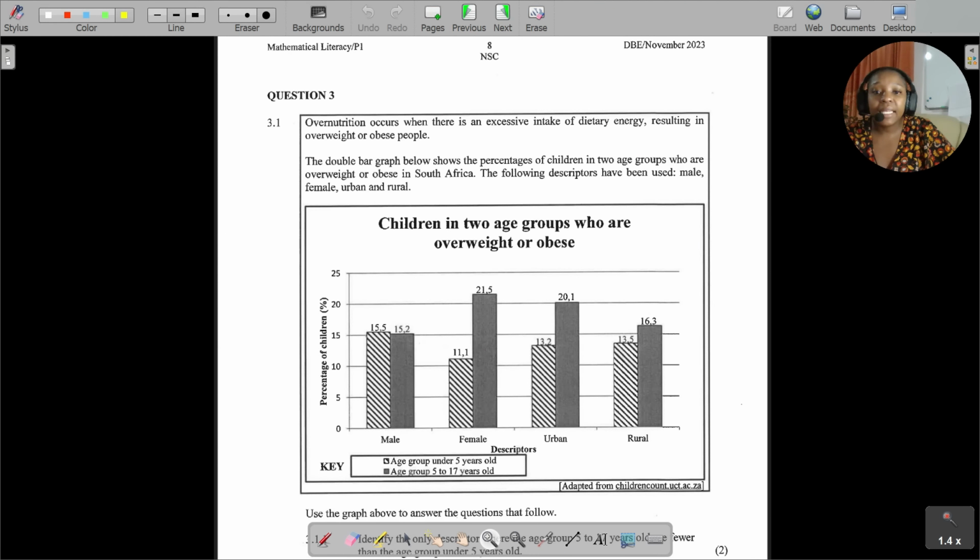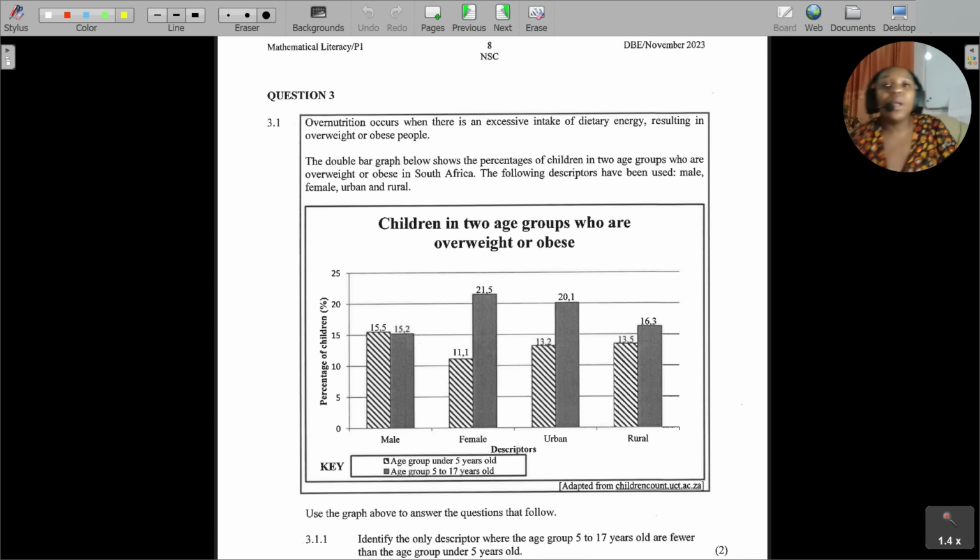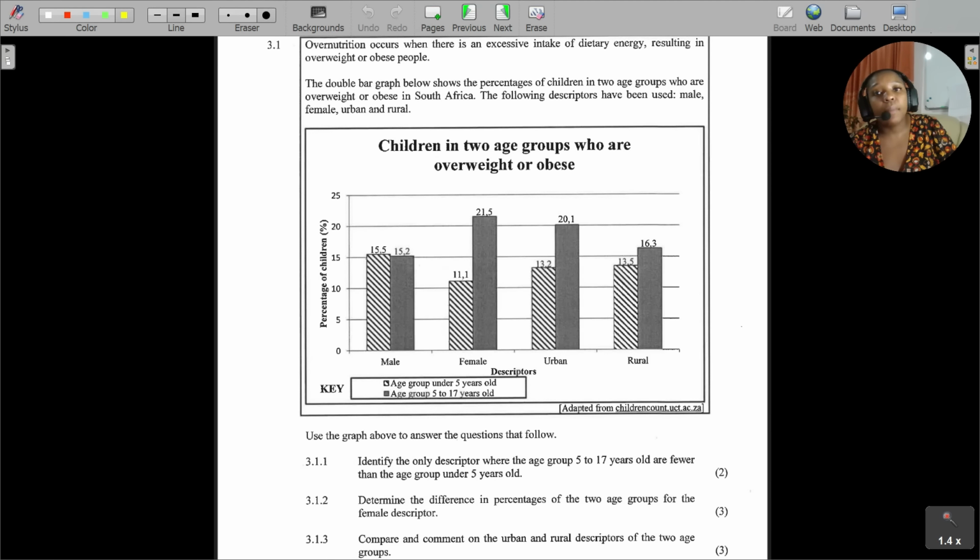And then they're basically telling us that overnutrition occurs when there is an excessive intake of dietary energy, resulting in overweight or obese people. The double bar graph below shows the percentage of children in two age groups who are overweight or obese in South Africa.